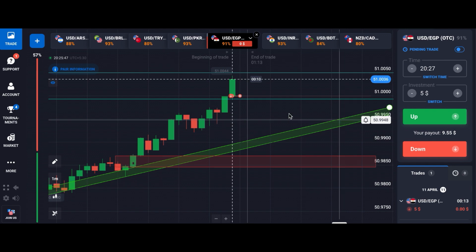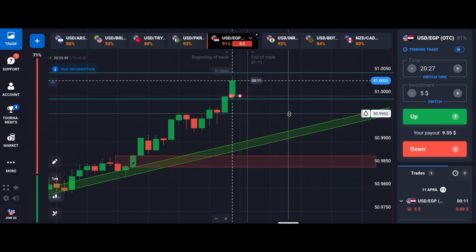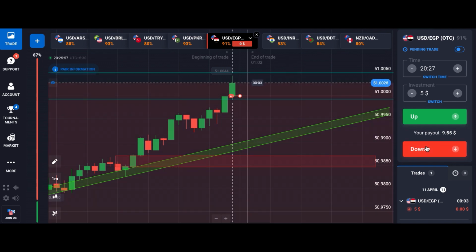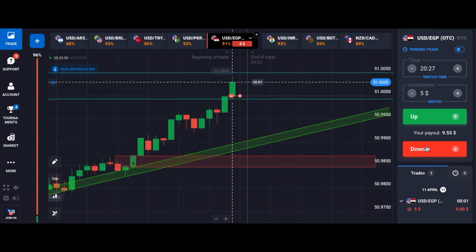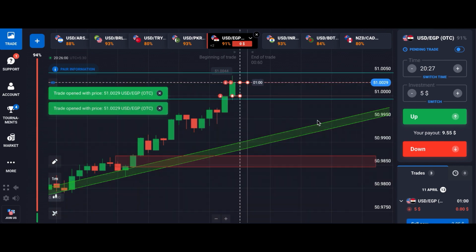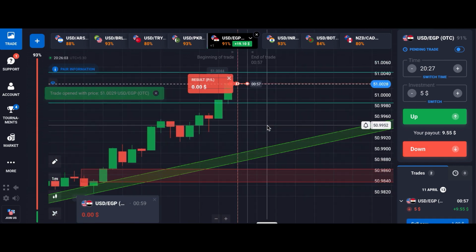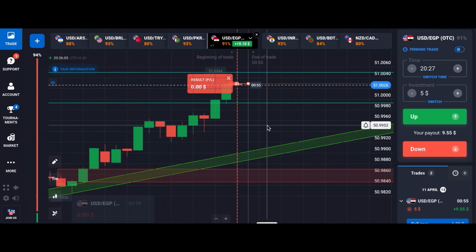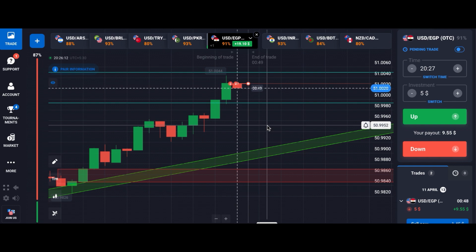Okay, for MTG we will take two trades of the same amount so that our capital should be safe. Okay, here it goes. Now this should be a sure shot win trade. This should be a red.